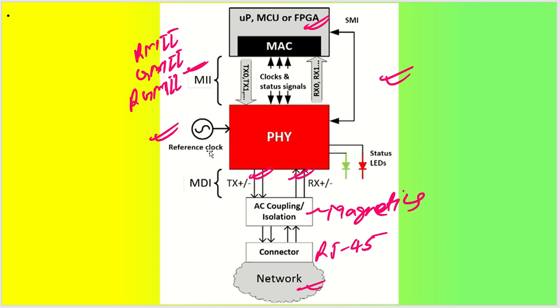It has a reference clock pin, which can be taken from an oscillator or directly from the MAC, such as an FPGA. It takes either a 25 megahertz or 50 megahertz clock.